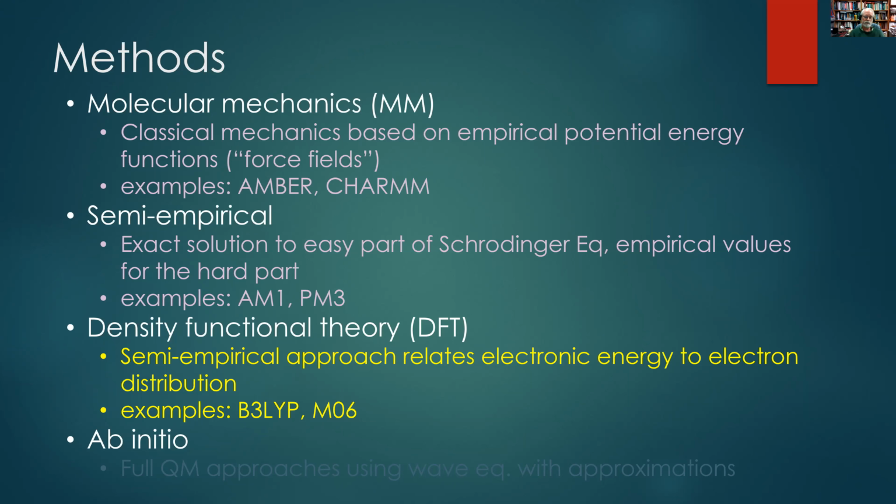And it's another case where much of the problem can be solved theoretically, and we have accurate solutions for a big part of the problem. But then there are two key parts of the problem, the exchange and the correlation interactions among the electrons, where we just don't know what the formula is that relates the energy to the electron density. And that's where the empirical part of the solution comes into play.